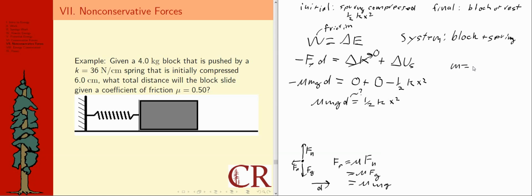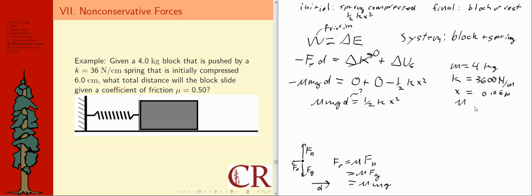We've got m equal to 4 kilograms. The spring constant k is 3,600 newtons per meter, just to convert to SI base units. Similarly, x can be stated as 0.06 meters. And of course, g is 9.81 meters per second squared.